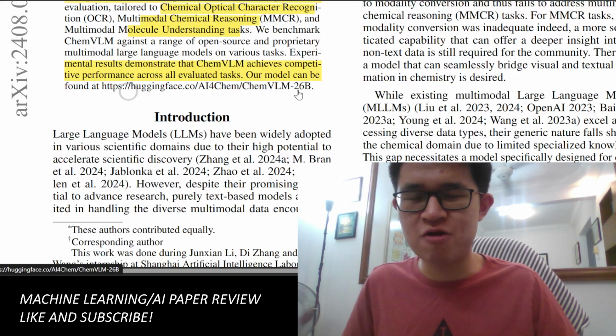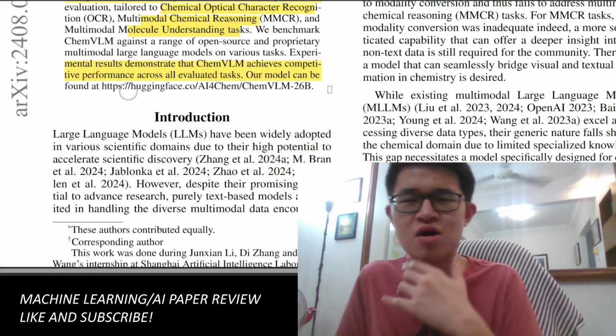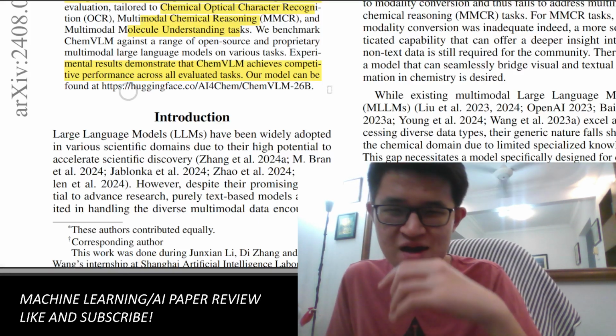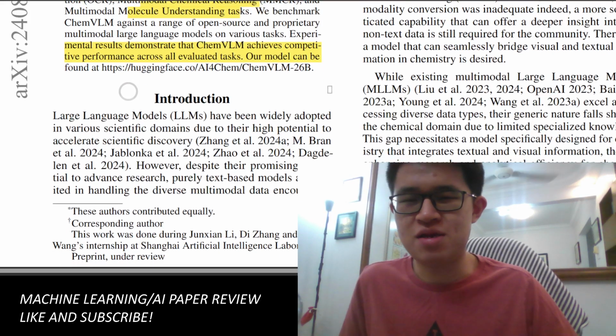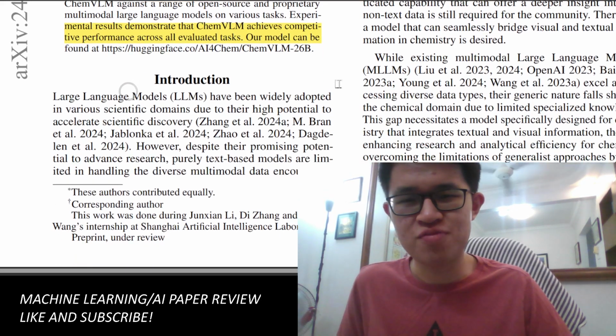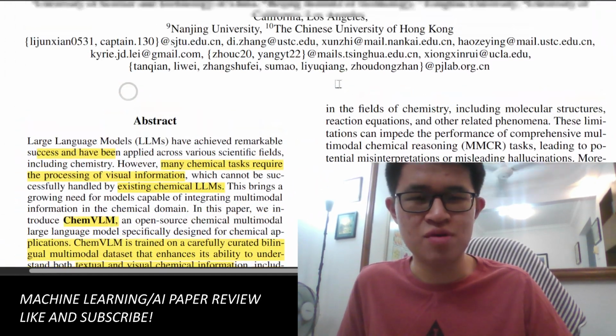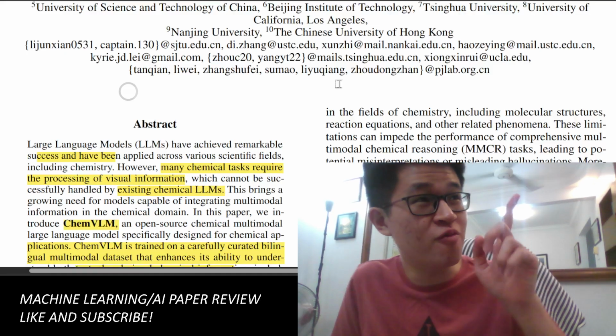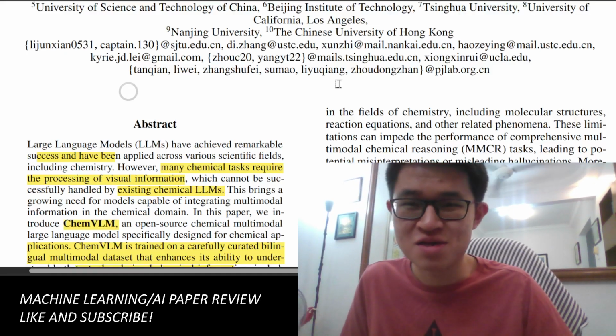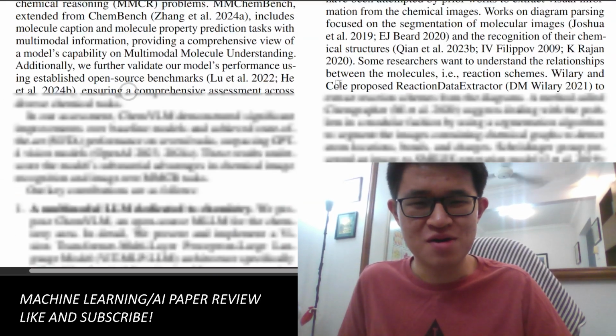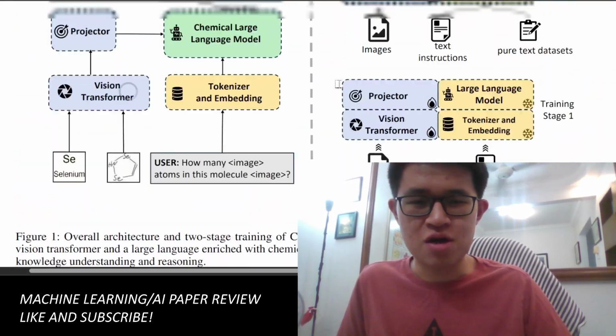So it's a 26 billion parameter model. Kind of huge, but yeah. But if you have the compute available, you can use it. But certainly not for my machine. Obviously not.